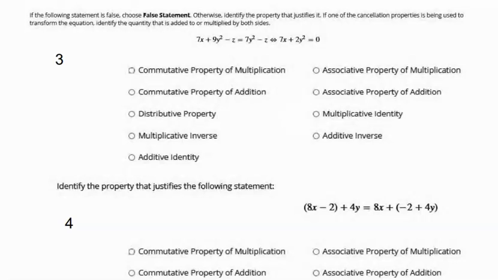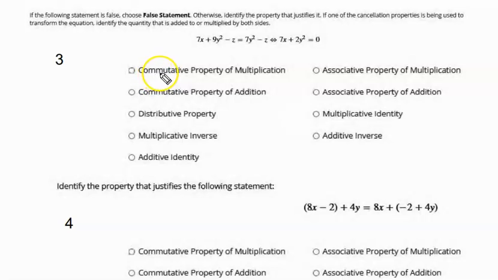Now for number 3, as I looked at it, I didn't quite understand what they're asking here, or what they're showing here either. But let's use it as review. I'm going to review each of these properties with you, and then you can see how it matches to what they're asking.